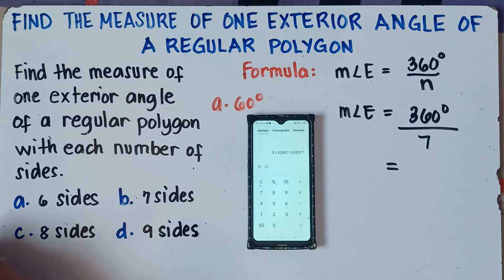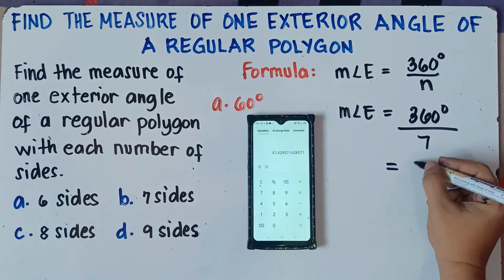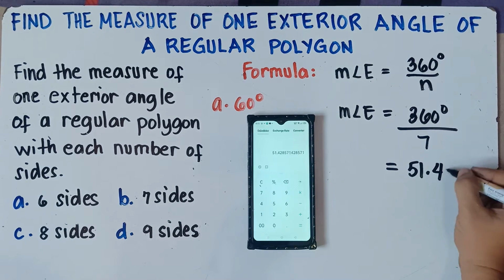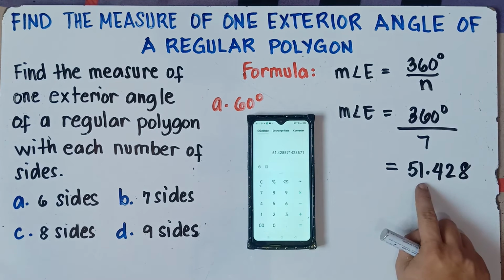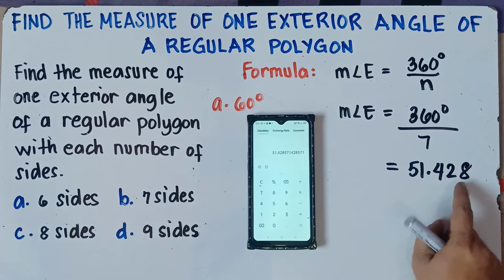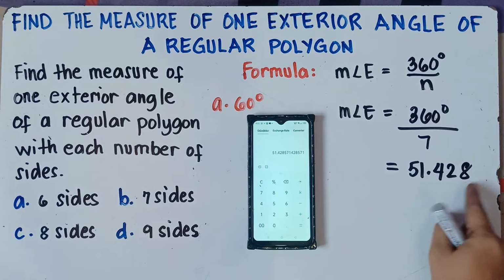So you will have 51.428. So let's round our answer, class, to 2 decimal places. We have 51.428. After 2, that is 8, so we need to round up.